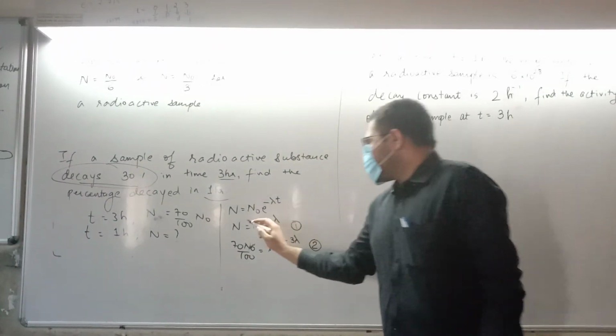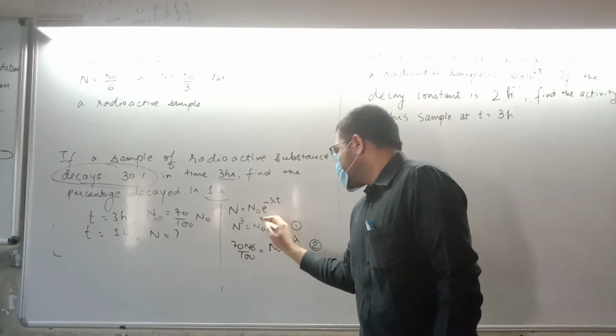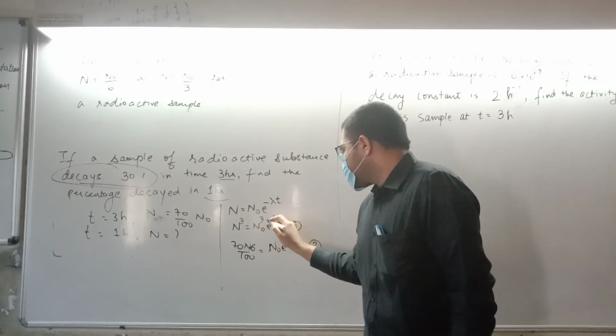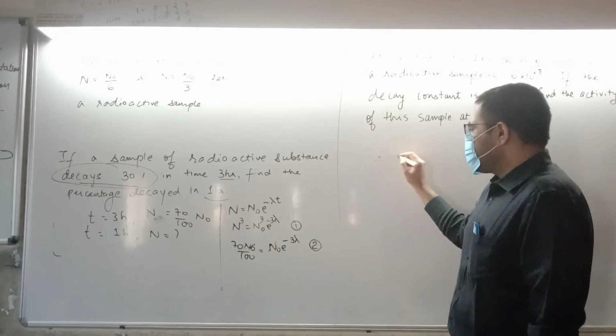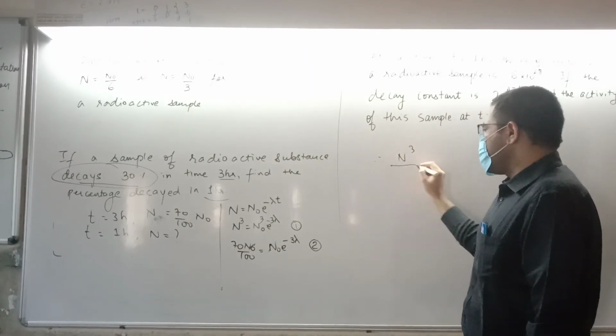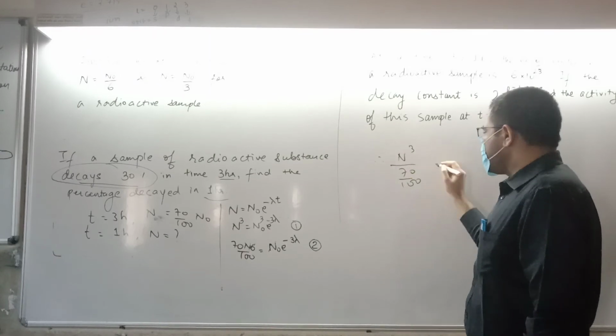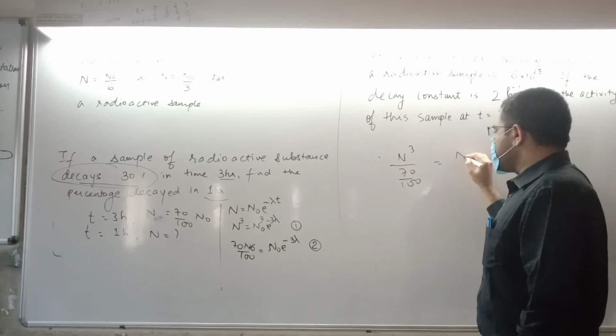Okay, say take cube. If you cube this, you get this. Now divide. So what do we get? n cube upon 70 by 100 is equal to n0 square.